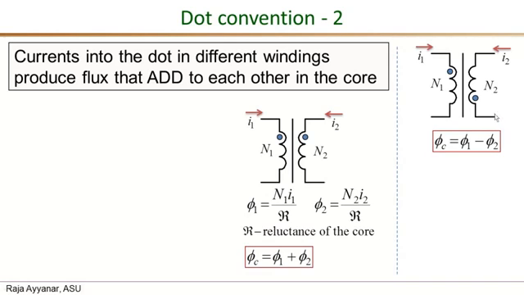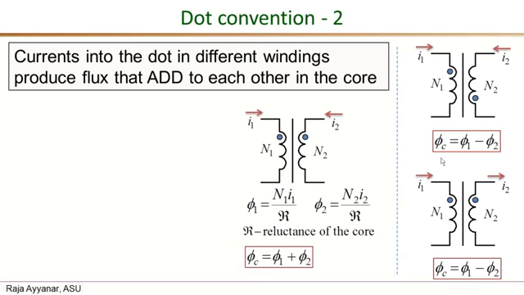So in this case, the phi 1 and phi 2 individually are still given by the same equation, okay? MMF over the reluctance. Whereas if you look at any part of the core, any leg of the core, then the net flux due to these two flux components is the difference between the two. Phi C is phi 1 minus phi 2.